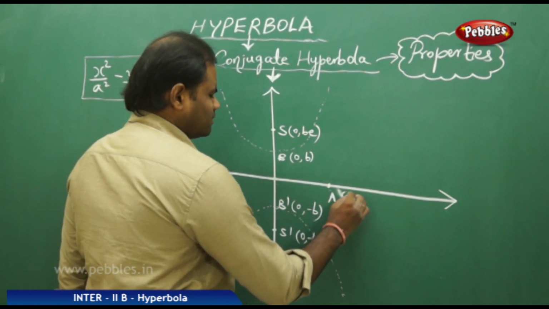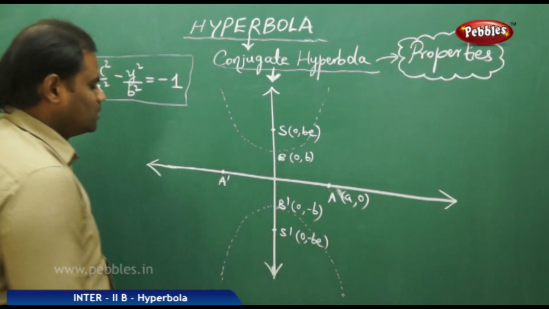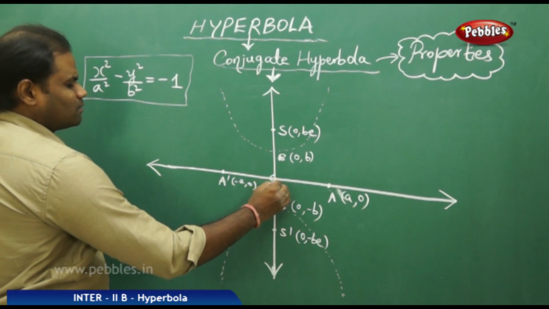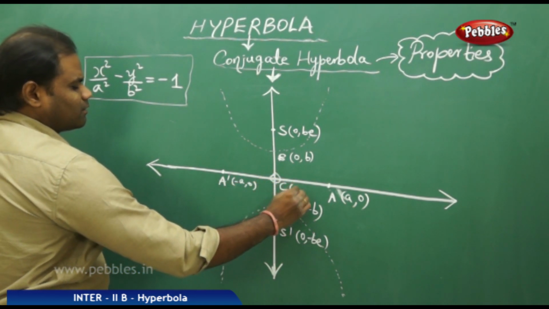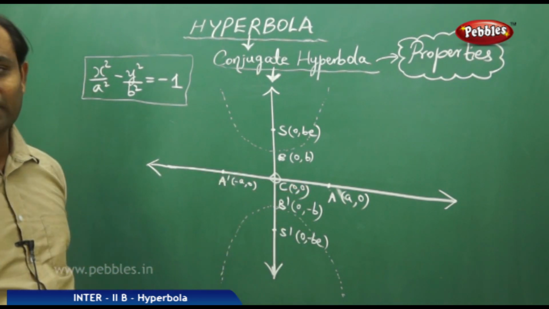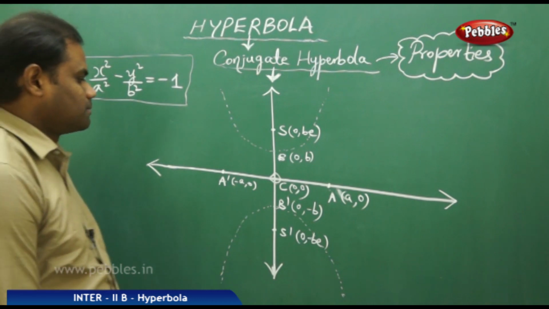My A is (a, 0), and my A dash is (minus a, 0), and C, which is the center of the hyperbola or conjugate hyperbola, is given by this.